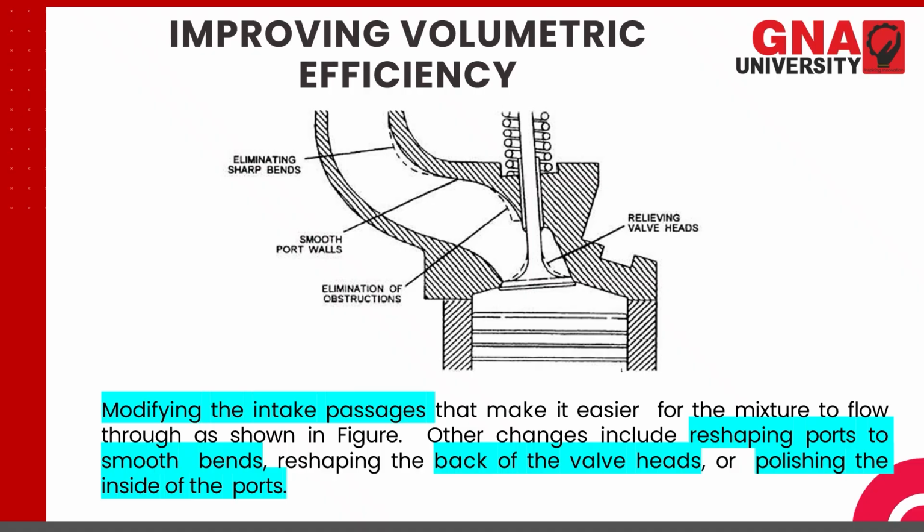So a little undercut was made here so that you have a greater amount of flow of the charge around this valve. And last is polishing the inside of the ports. So you can see here smooth port walls. Smooth port walls are made by polishing this area so that friction is reduced and hence more air and mixture flow can take place.